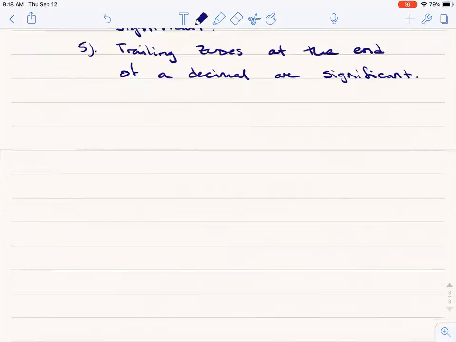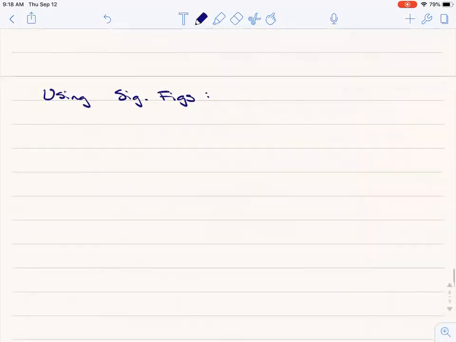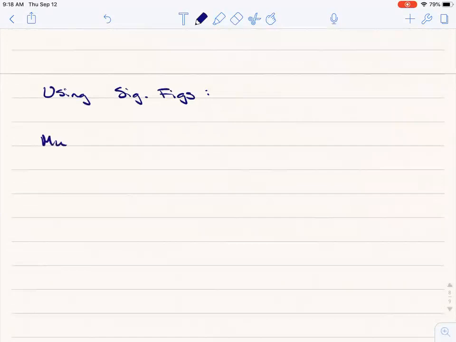So using sig figs, multiplying and dividing: the final answer has the same number of sig figs as the term with the fewest sig figs.